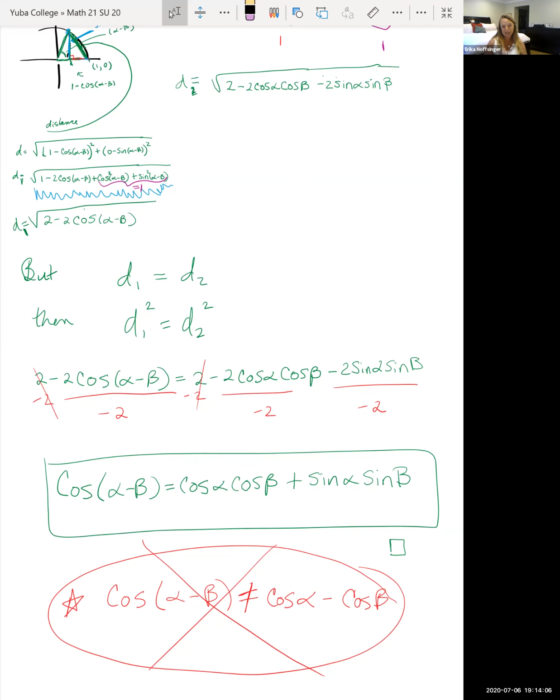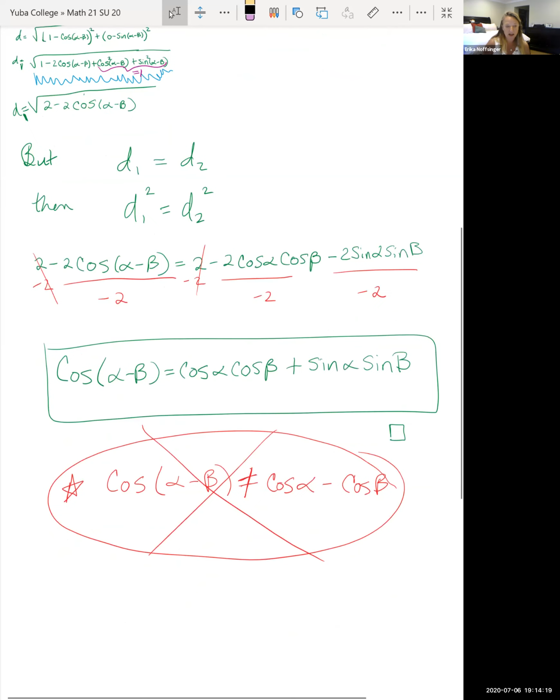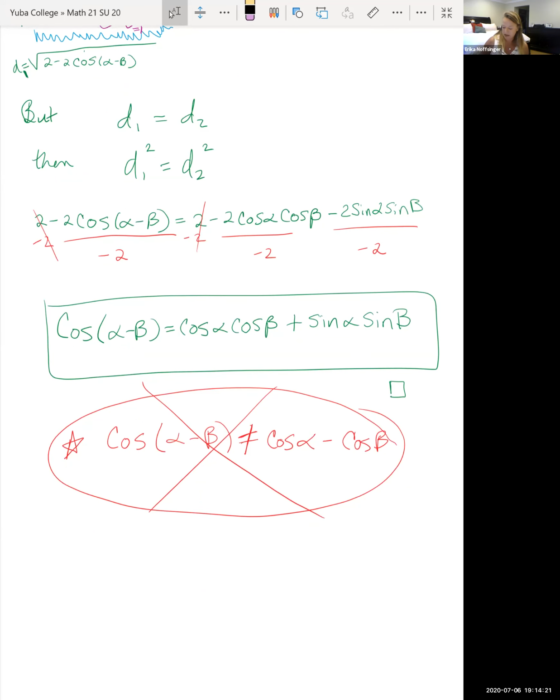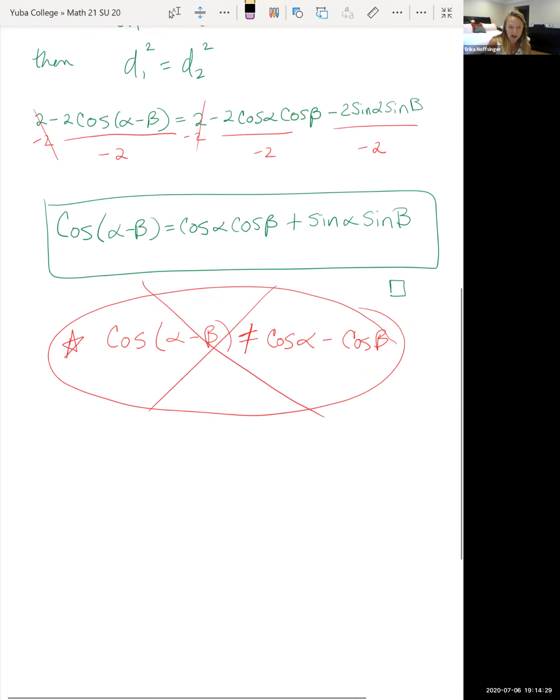Okay, so that was kind of a long proof, or showing the reasoning why we can use this formula. The other ones actually aren't too bad, because we can use other identities that we know to prove it. So for instance, we can now use this because we just proved it.